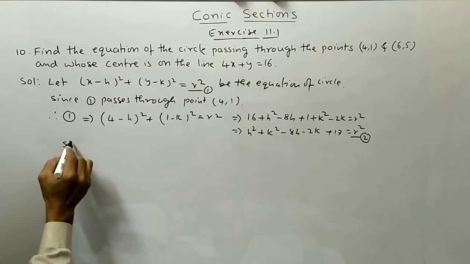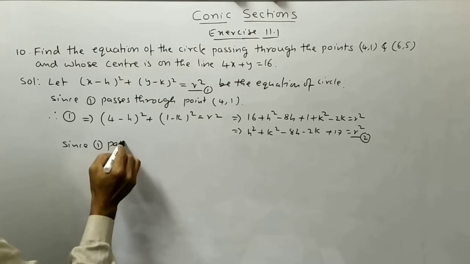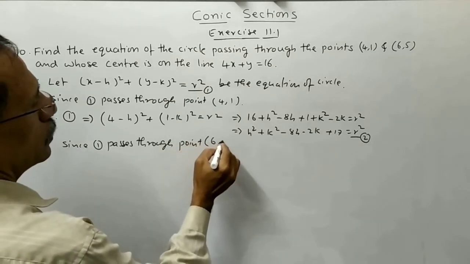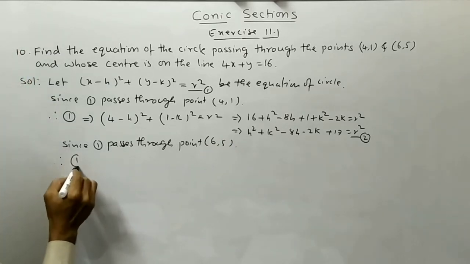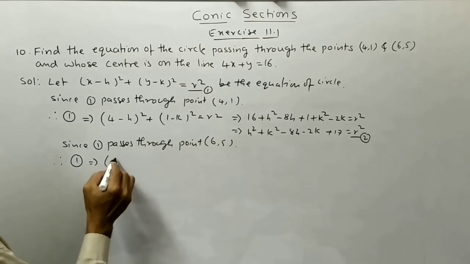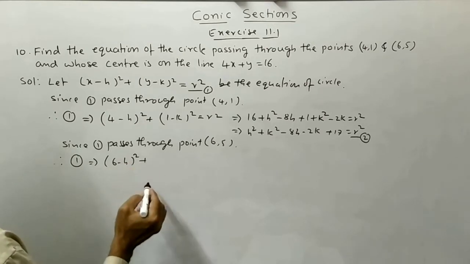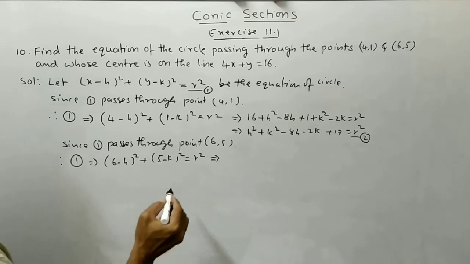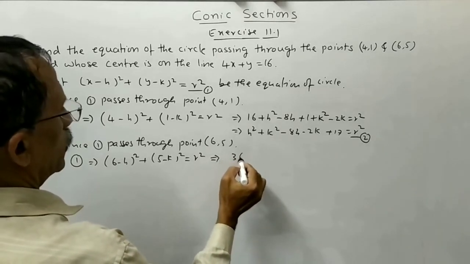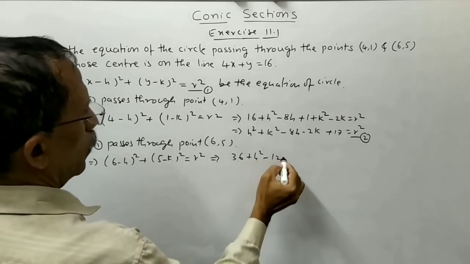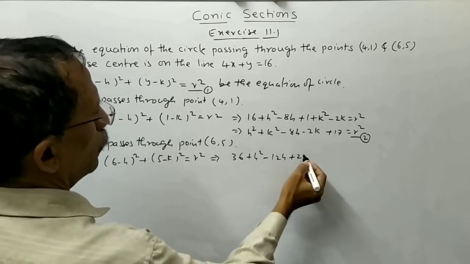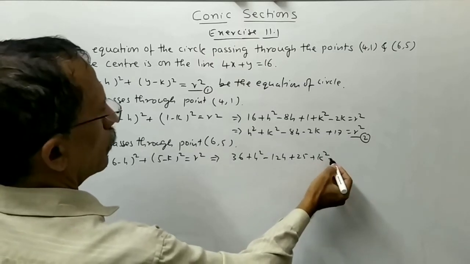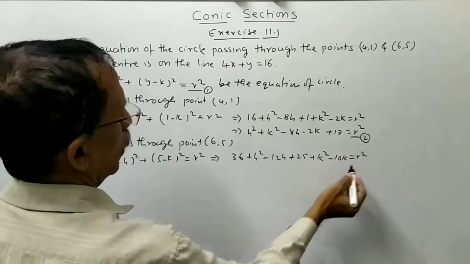Since 1 passes through the point with coordinates (6, 5), therefore 1 implies (6 - h)² + (5 - k)² = r², which implies 36 + h² - 12h + 25 + k² - 10k = r².